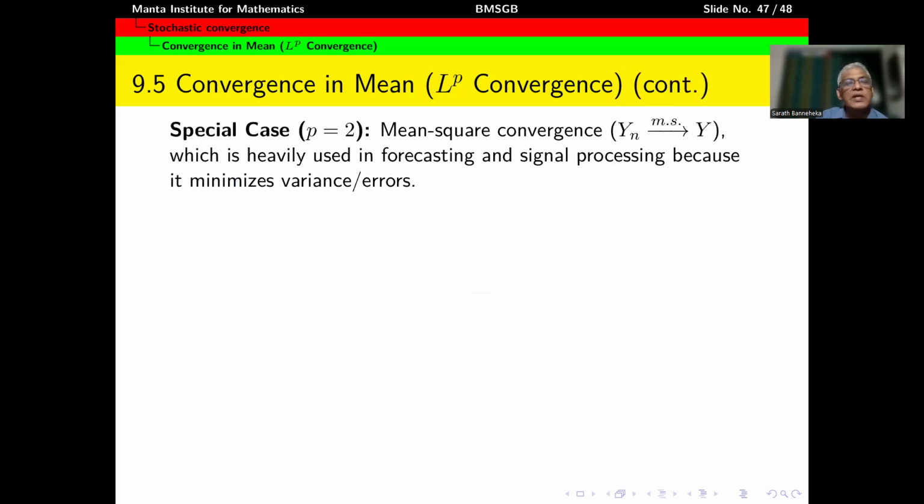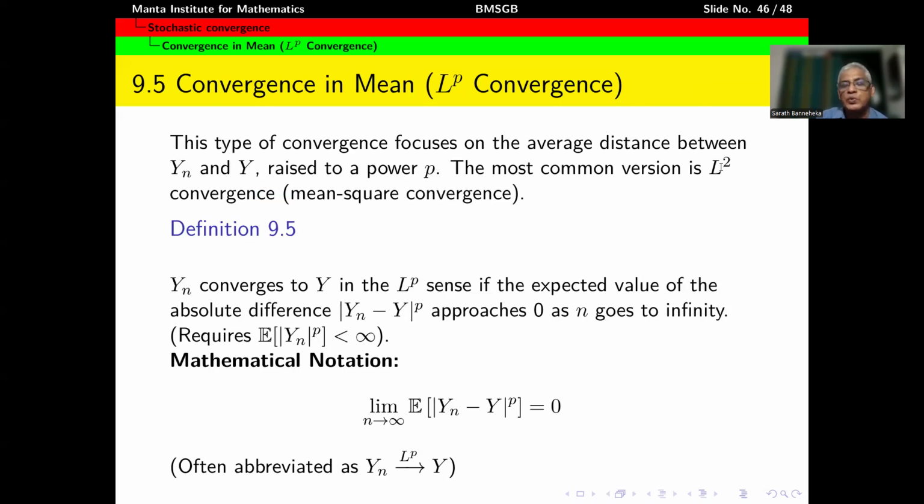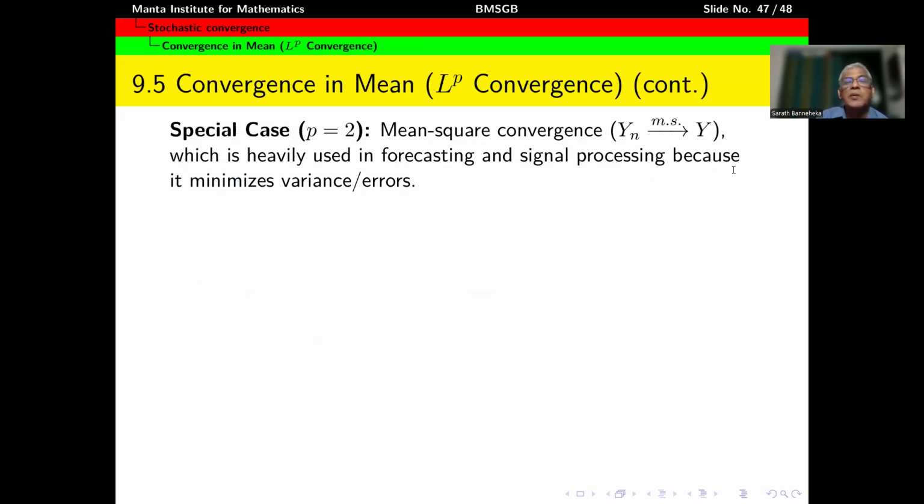So a special case, as I mentioned earlier, is when P is equal to 2. In that case, we call it the mean square convergence. Yn converges to Y in mean square. So mean square convergence is the convergence usually considered in forecasting and signal processing because it minimizes the variance.